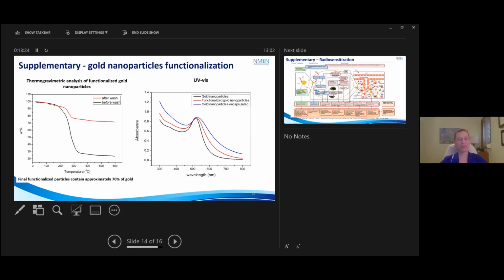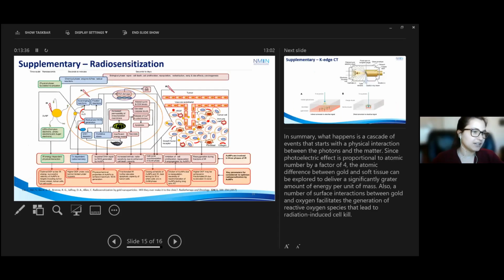Great, thank you. I don't see any other questions, so I'll ask a final question. I was curious, could you speak to how the radiosensitization by gold nanoparticles works? Yeah, I do have a very messy slide to explain a little bit. It's actually a cascade of events, so that relates a little bit to Marcel's question before. What gold does during radiosensitization is create a cascade of events.